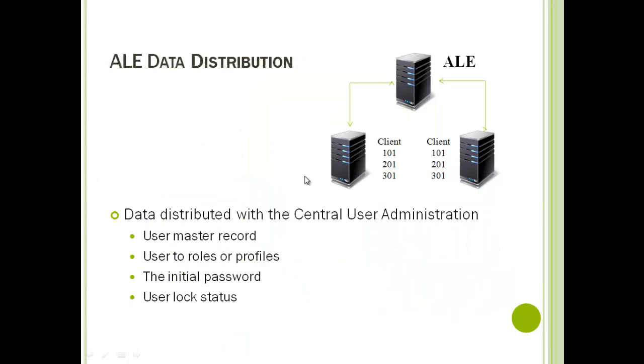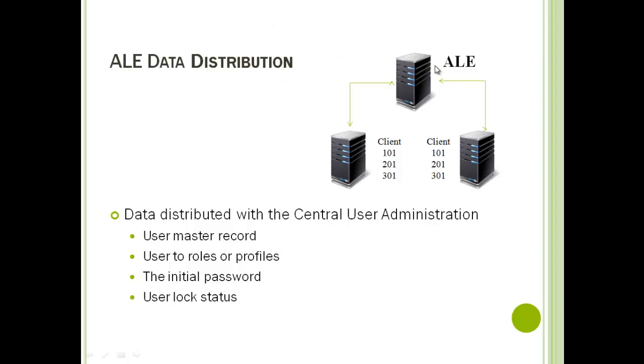As we have already seen, the data distribution between the parent and the child systems is by ALE. ALE means application link enabling, and this permits building an operation which can distribute data between two different SAP systems, and this will be an asynchronous communication.